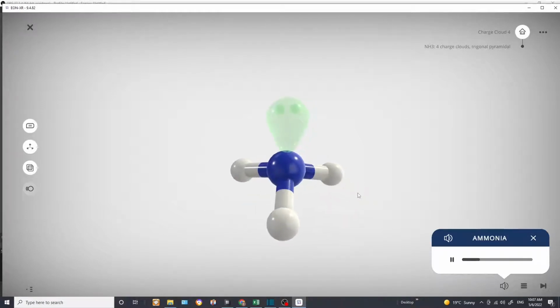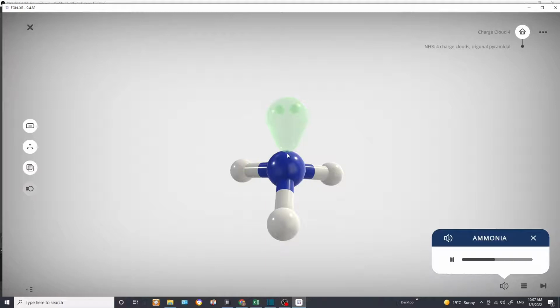So we have 4 charge clouds in total, 3 coming from the bonds and 1 coming from the lone pair. So when we look at the electronic geometry, it is tetrahedral because of that lone pair being present. So we have 4 charge clouds, and therefore the electronic geometry is tetrahedral.